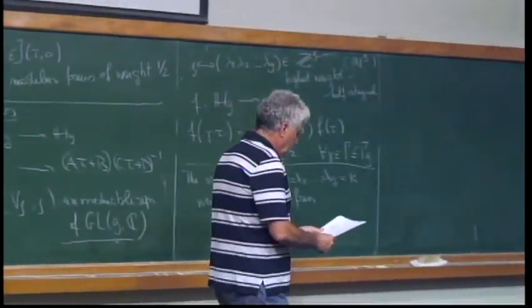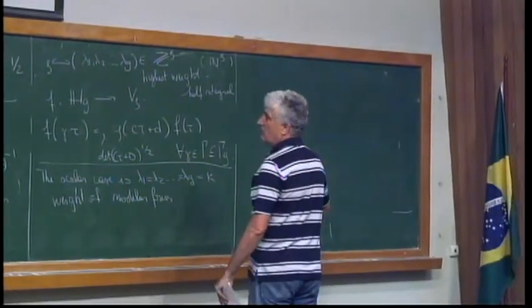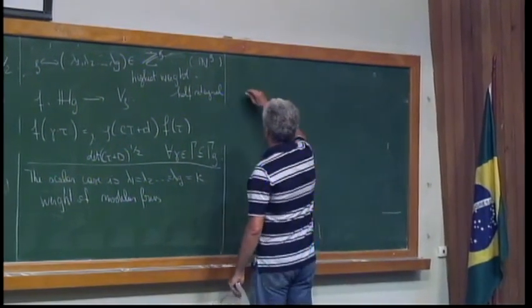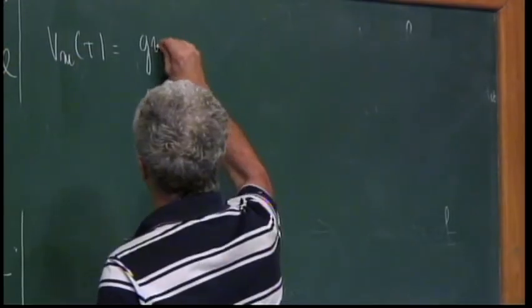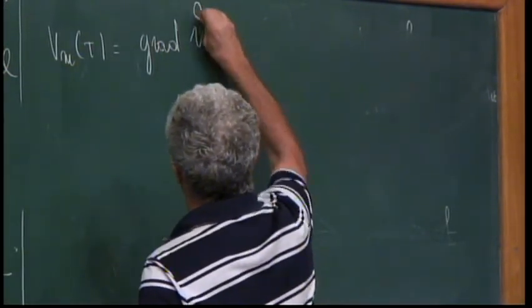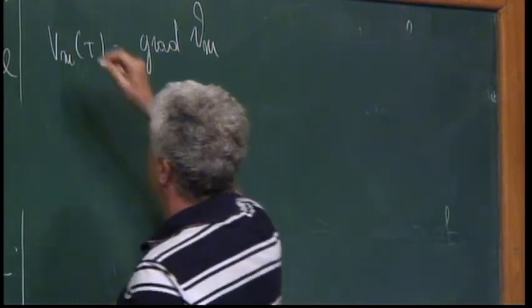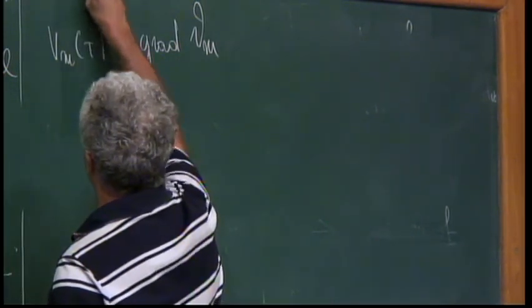At the same time, I can now consider a new modular form. I can consider V_m(tau) as just the gradient of an odd theta function, so m odd.